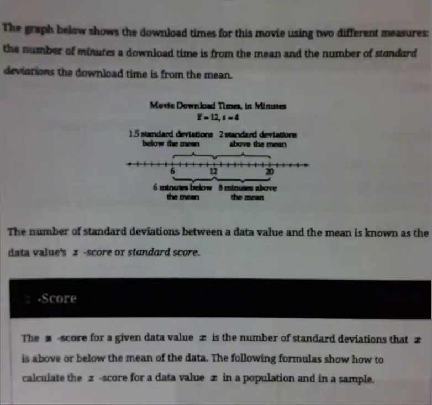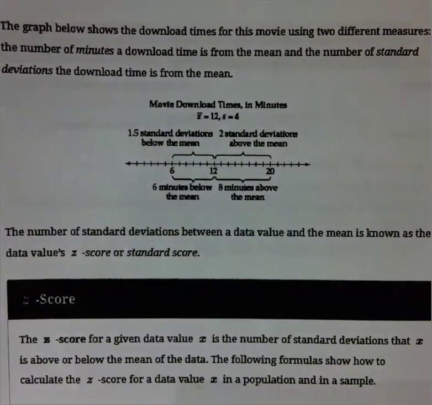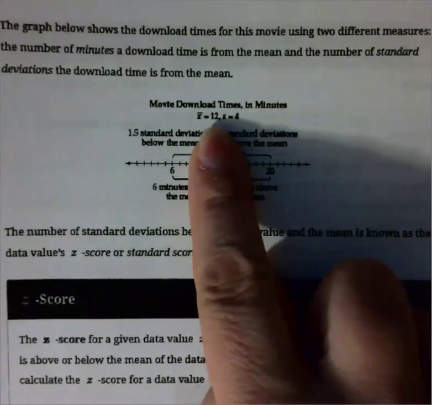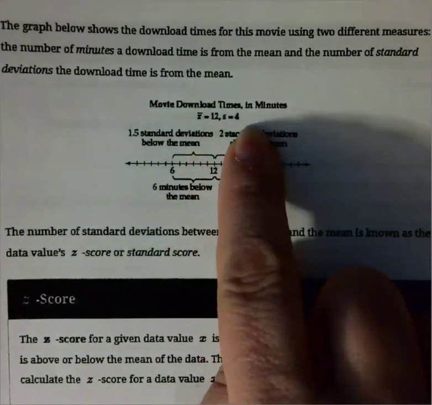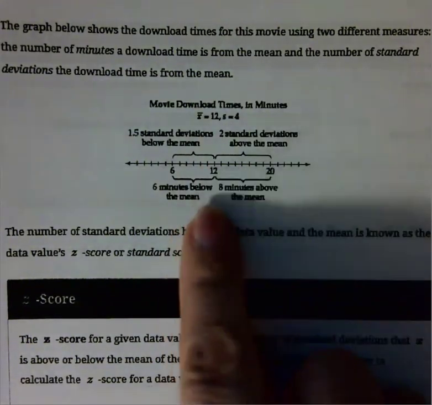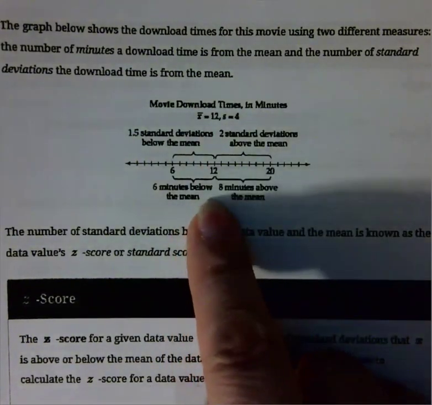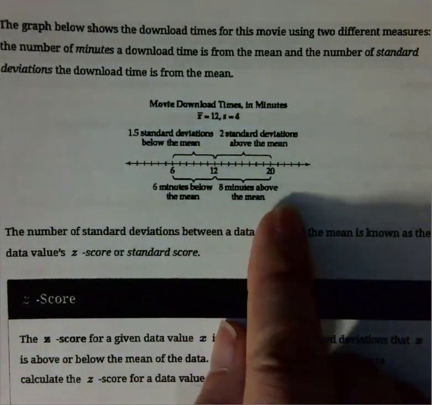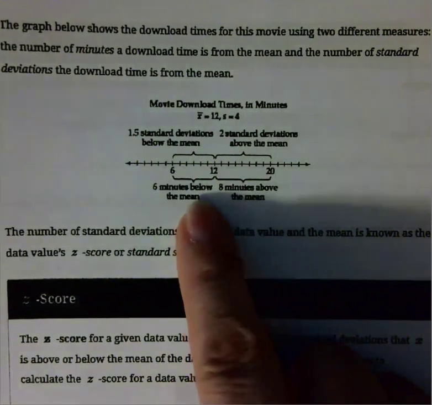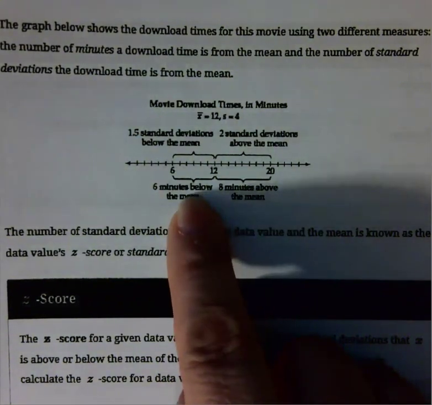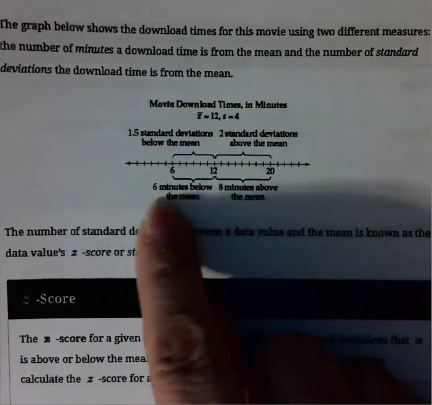This picture represents the movie download times in minutes, has a mean or x bar of 14 and an s standard deviation of 4. So if we put our 12 minutes in the middle and then I add 4 minutes to 12, I get 16 and then 20. If I take 12 and subtract 4, I get 8 and then 4.